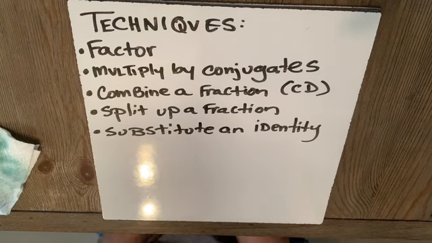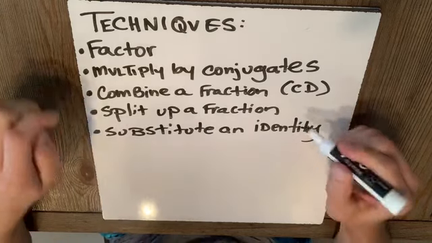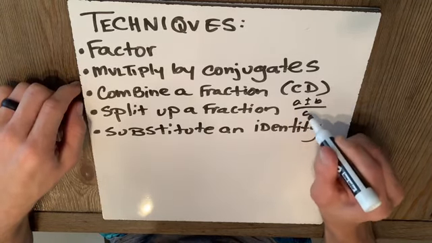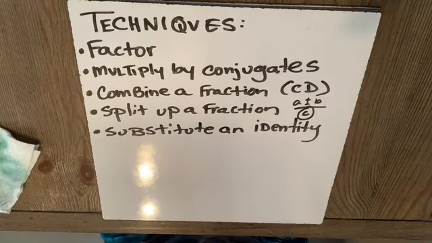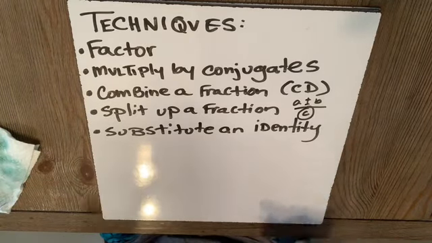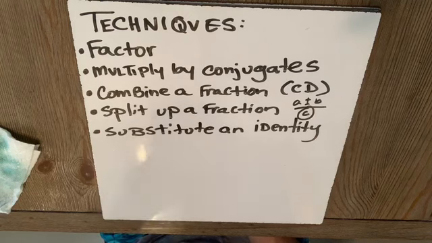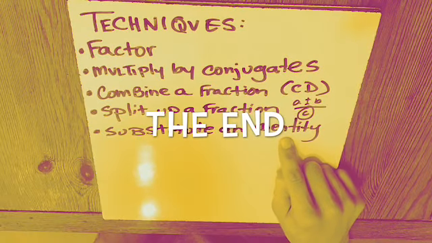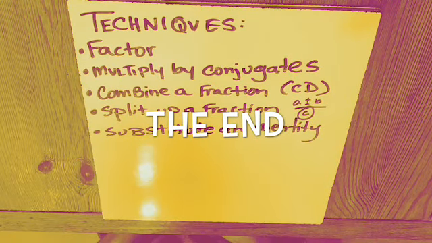We split up a fraction. Remember, when we're splitting up a fraction, you have to have something like a plus or minus b over c. You need that single denominator. And then we had to use substitution of identities to make our expressions more simple. So the better you know your identities, the easier these types of problems will become.